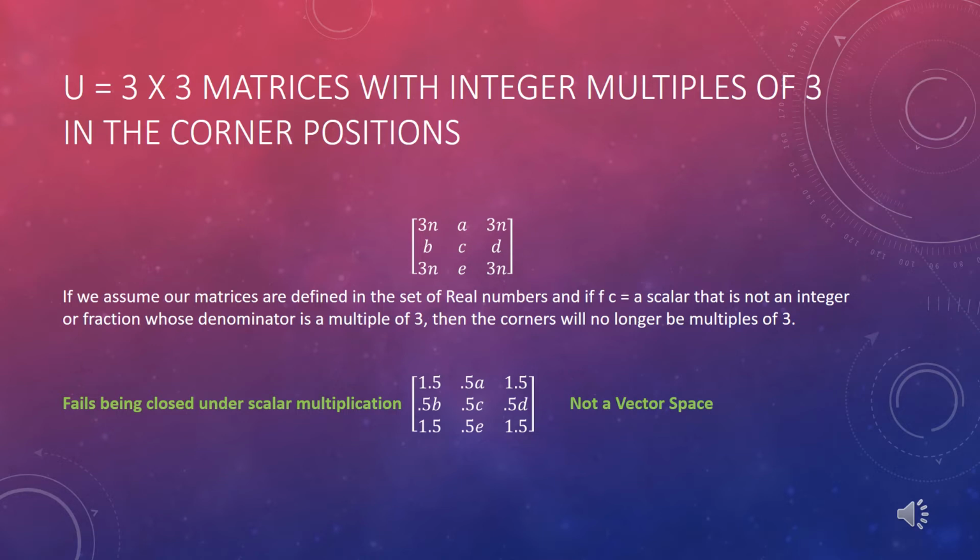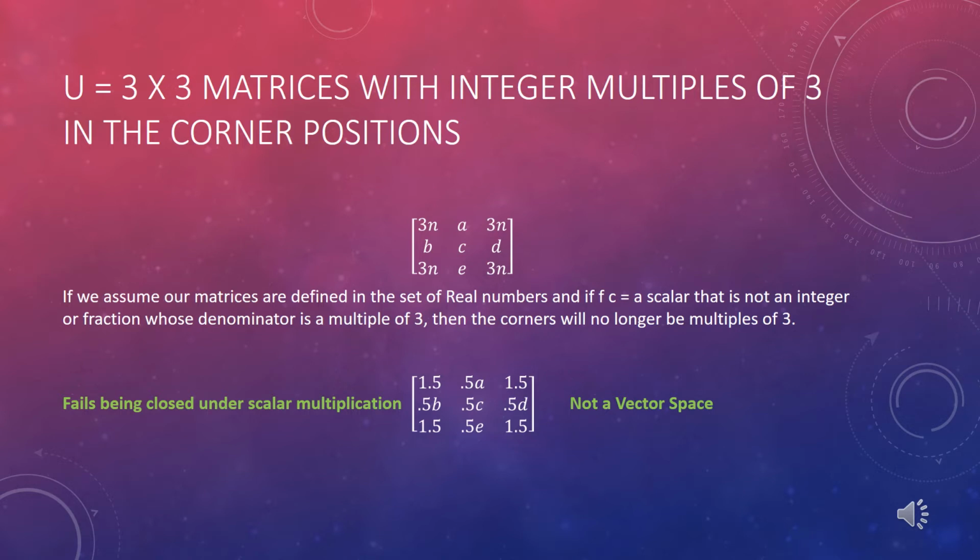Because if we assume that we're making this set out of real numbers, so your scalars could be any real number, when you multiply by a scalar that's not a multiple of 3, then your corners are no longer going to be an integer multiple of 3.